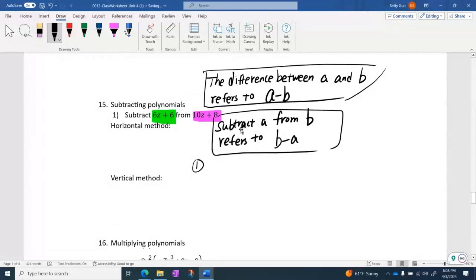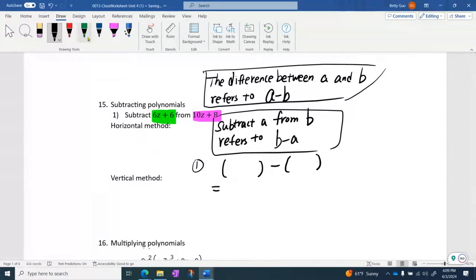Subtract A from B. So using the horizontal method to process the difference of two polynomials, this is what you do. Write parentheses, minus parentheses. When we process subtraction, I would recommend that you use parentheses. One polynomial minus another polynomial. So here, subtract green from pink.